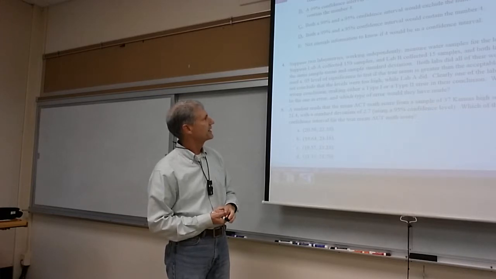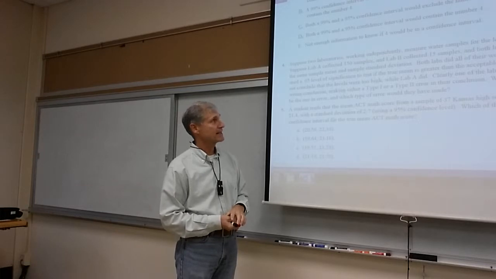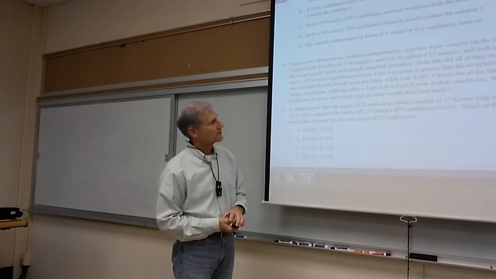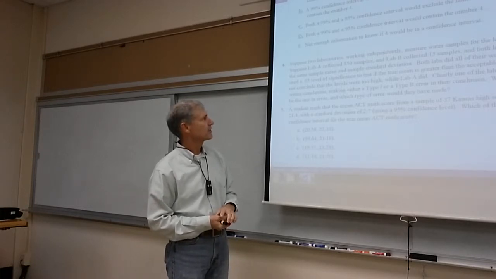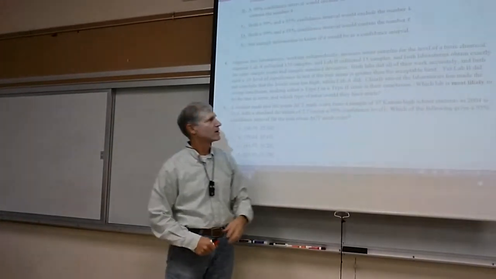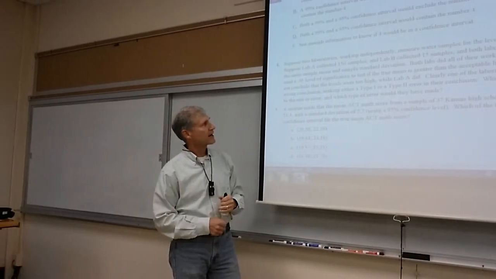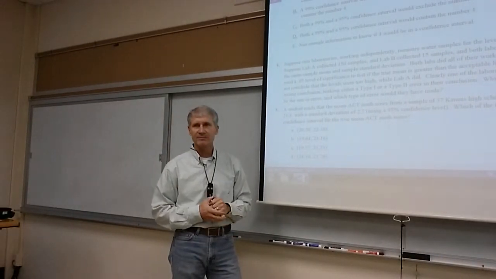Yet Lab B did not conclude the levels were too high, while Lab A did. Clearly, one of the labs has made the wrong conclusion, making either a type 1 or a type 2 error. Which lab is most likely to be the one in error, and which type of error would they have made?